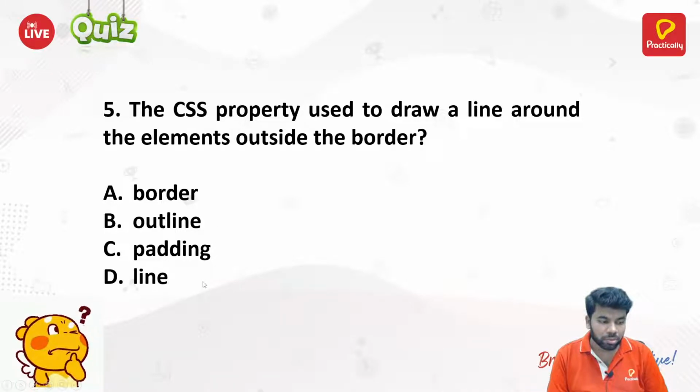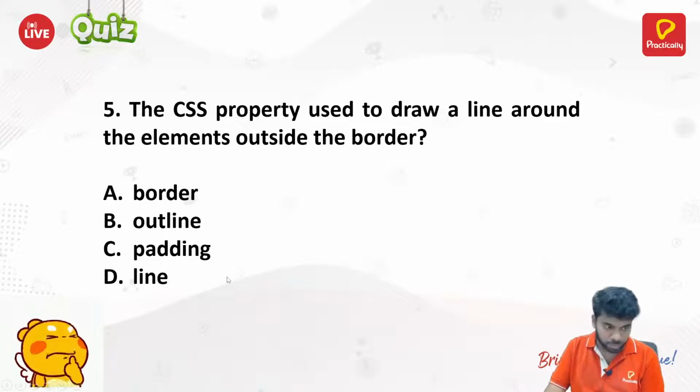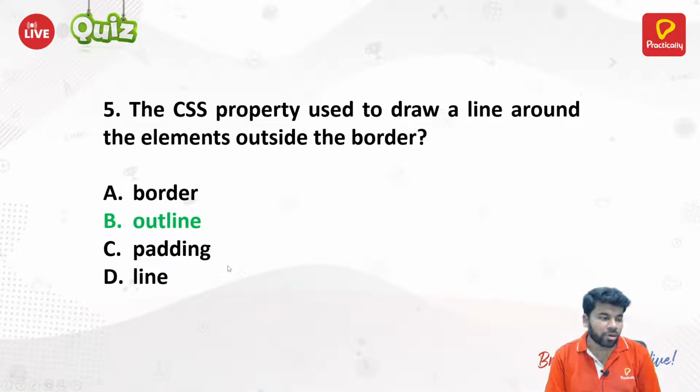No. What are you typing, A for all the questions? So what is the correct answer, Sankshipt? Which property do we use to draw a line around the HTML elements on four sides? Okay, so this is the last question. And the answer is outline.